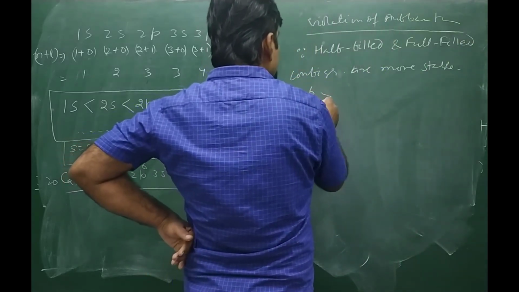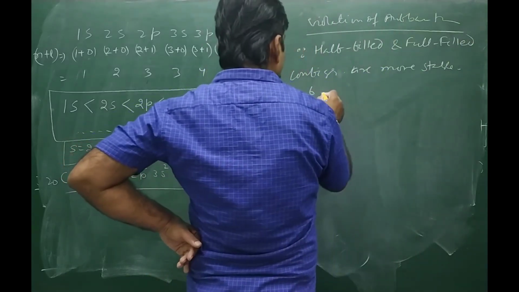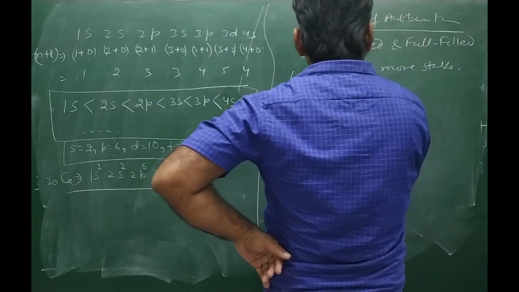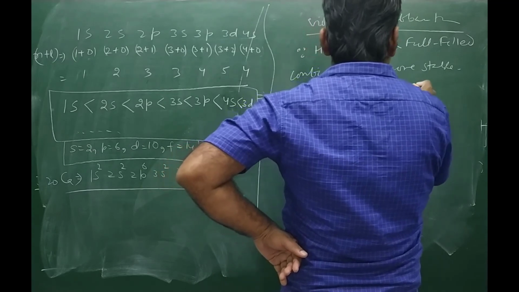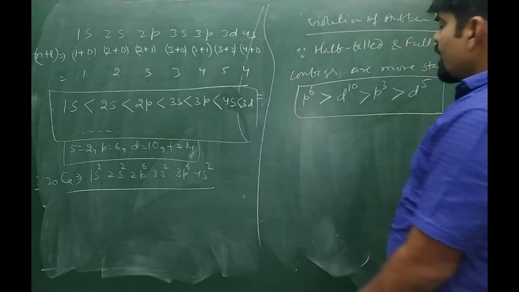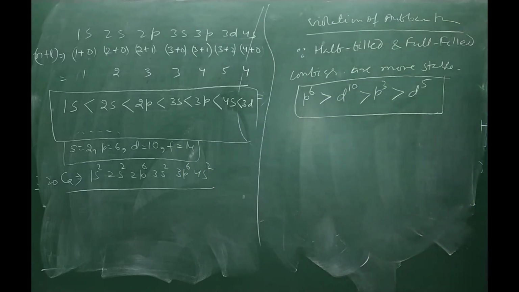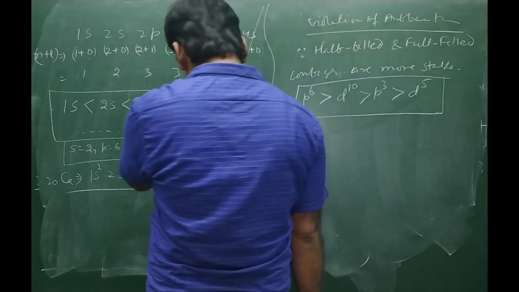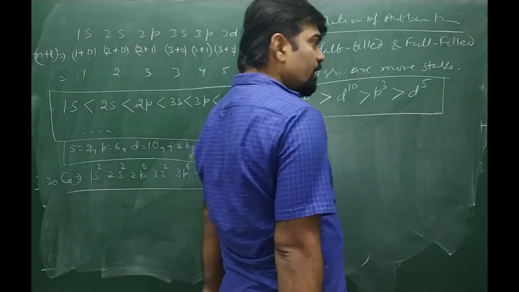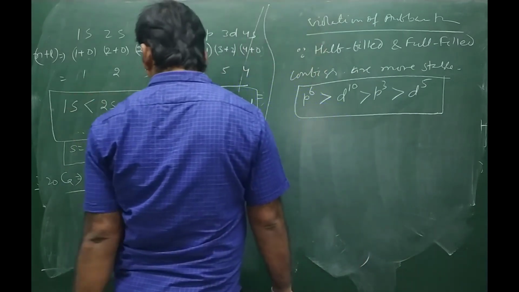That is, p6 is more stable, then d10, then p3, then d5. So this is the arrangement of their stability. Half-filled and fully filled configurations are more stable because of symmetrical arrangement, and because of a greater number of unpaired electrons creating more magnetic moment.